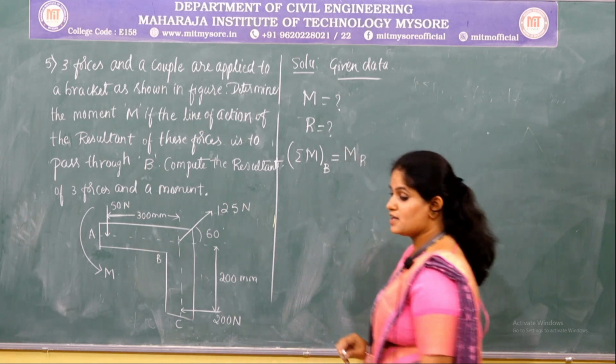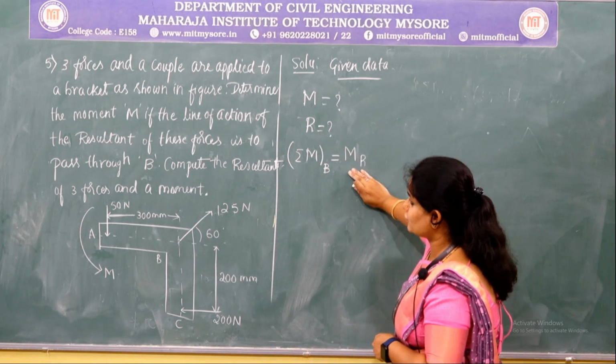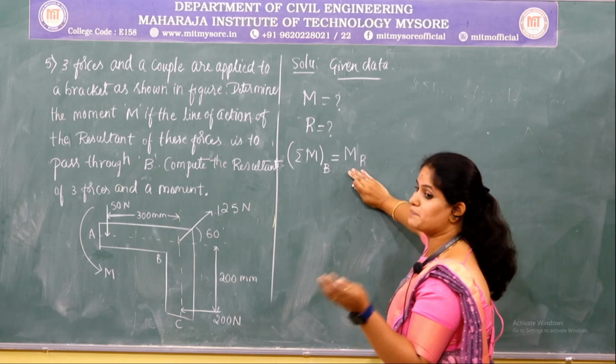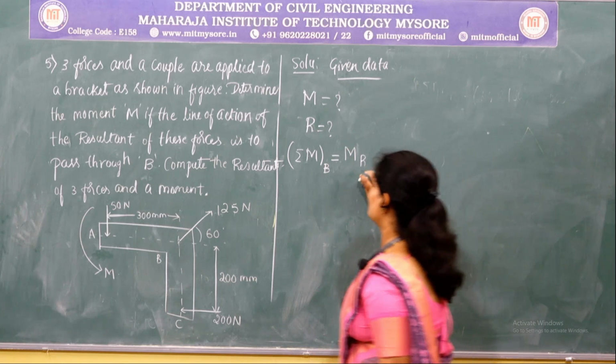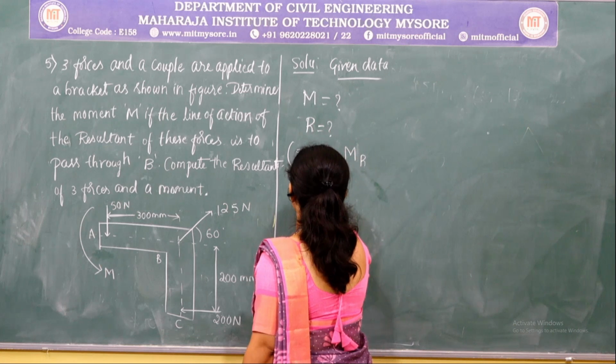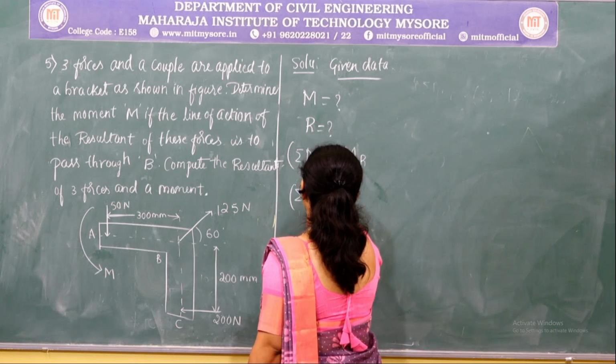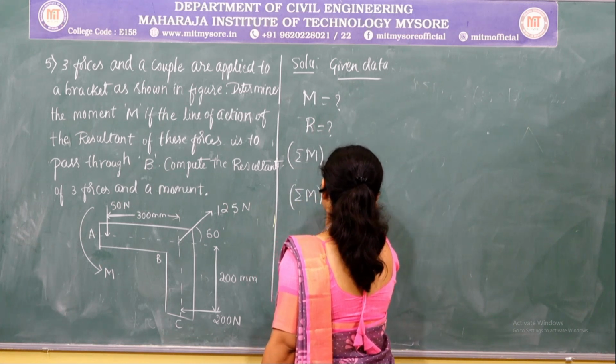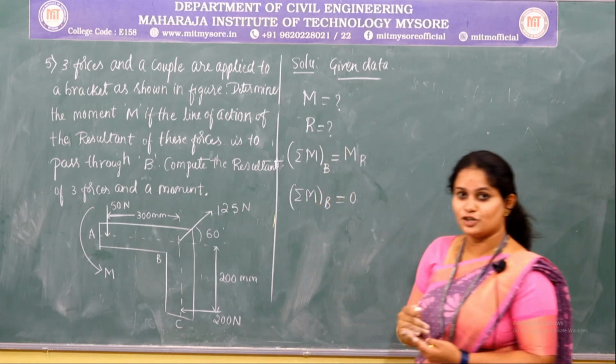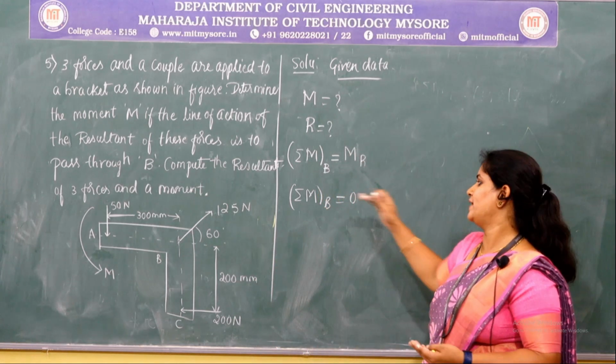Why? Because here the line of action of the resultant force is passing through B, and the value of this moment about point B will become 0, because the line of action of the resultant force and the point are the same.